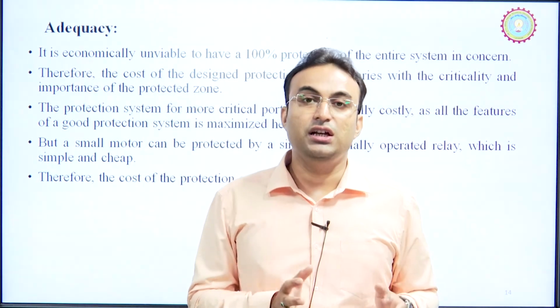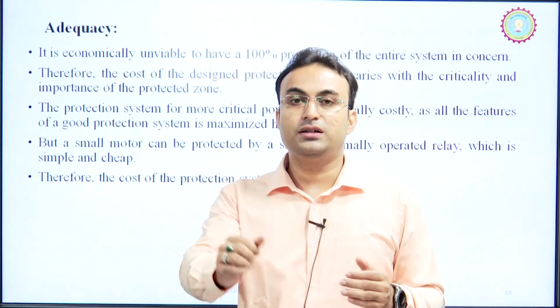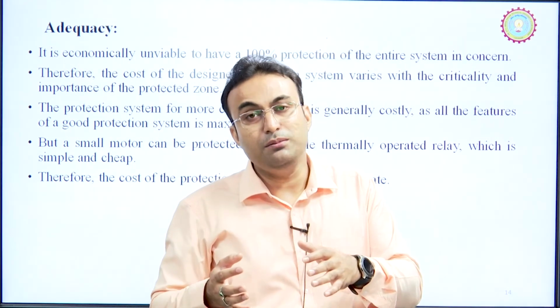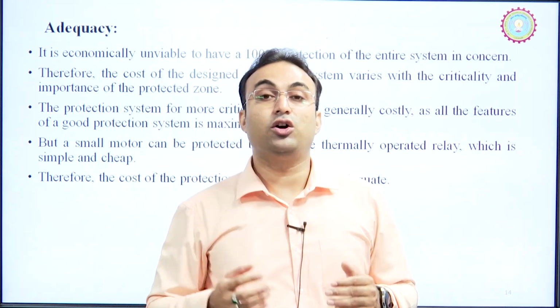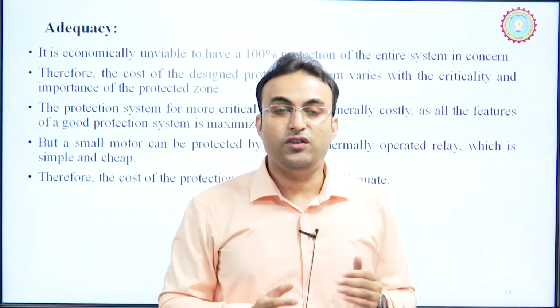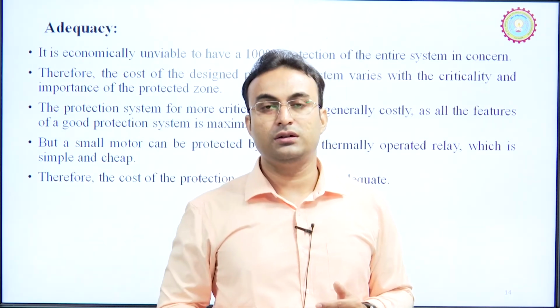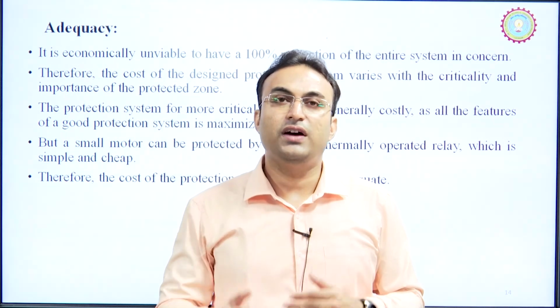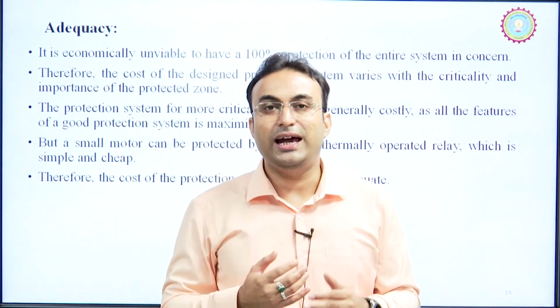Each section has its own criticality and importance, having different types of protection, and the cost of protection is very different from the others. Suppose a transformer has a very high cost of protection compared to a circuit breaker. That is why we call this adequacy.